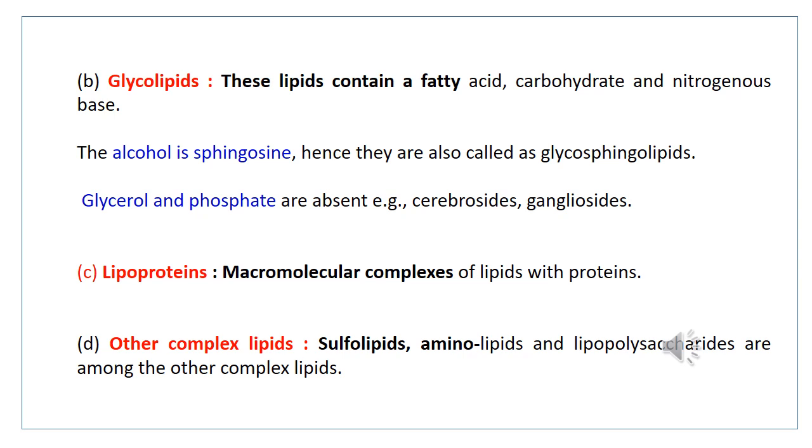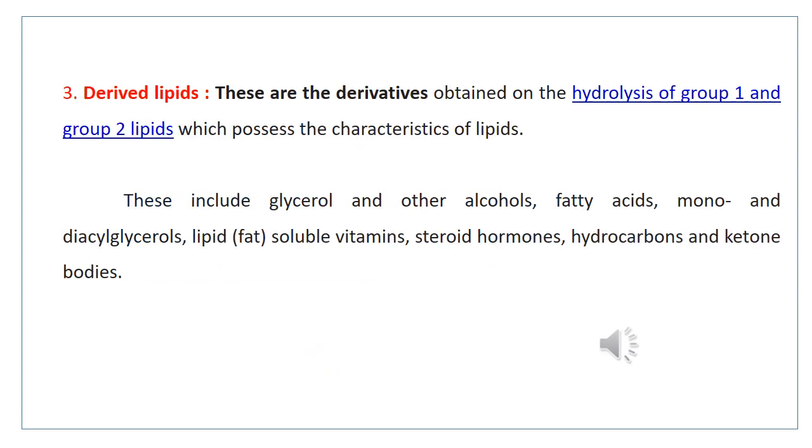The next one, the lipoproteins. These are macromolecular complexes of lipids with proteins. Next, the other complex lipids, sulfolipids, aminolipids, and lipopolysaccharides are among the other complex lipids. Derived lipids.